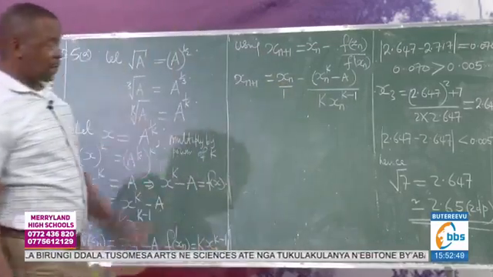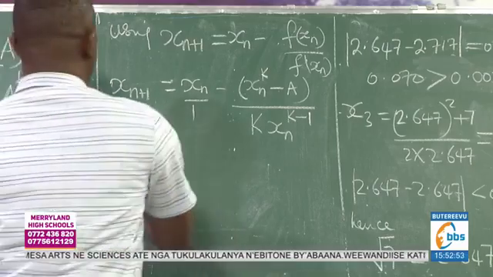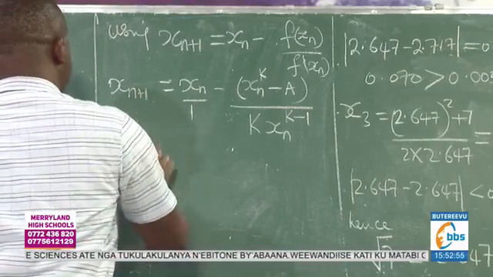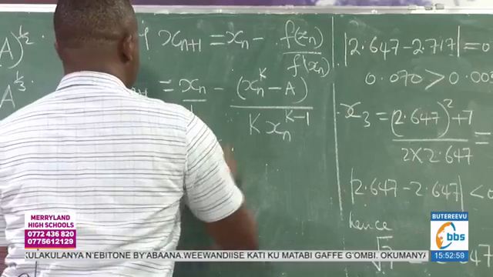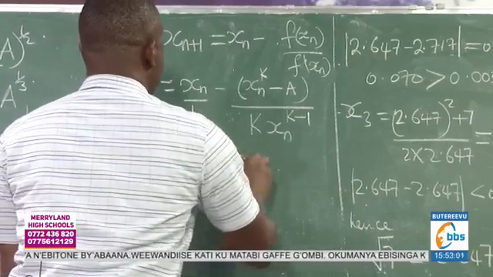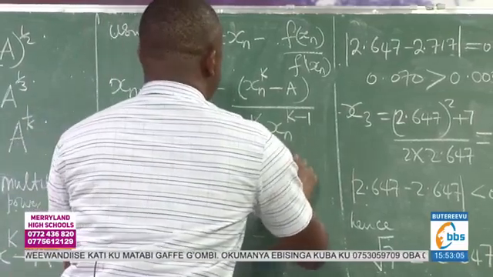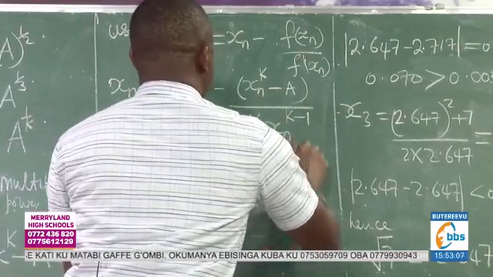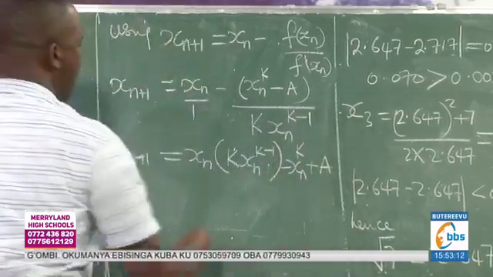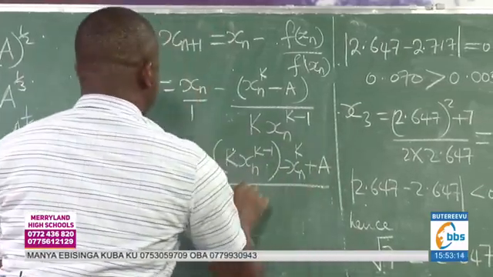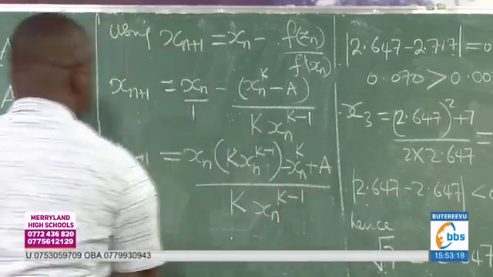If we take the LCM, using indices, our xn plus 1 will actually be xn into k xn to the k minus 1 minus xn to the k plus A, all over k xn to the k minus 1.